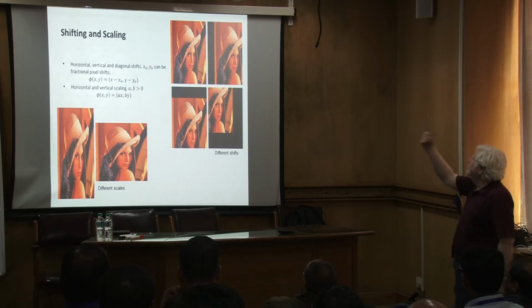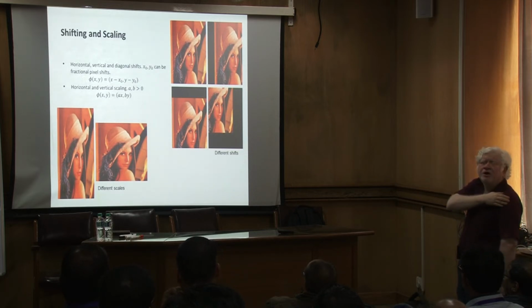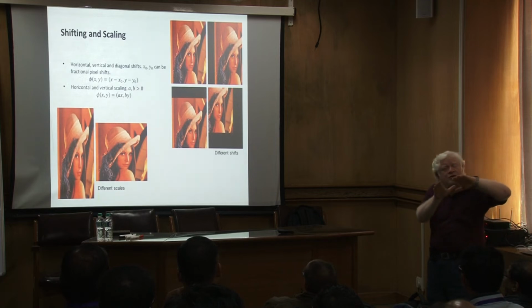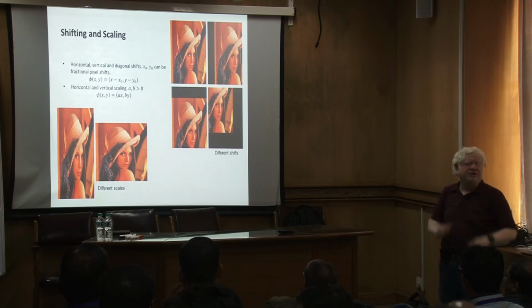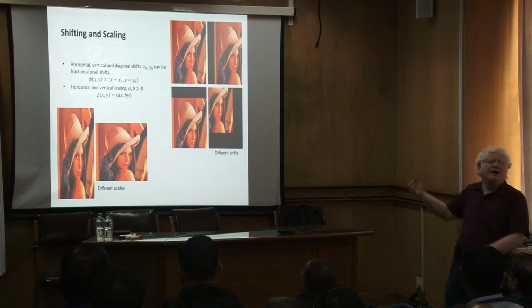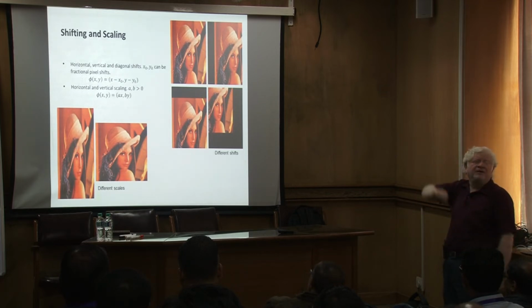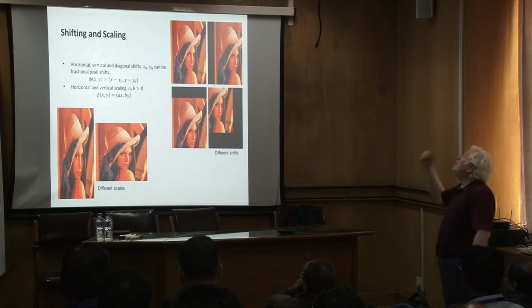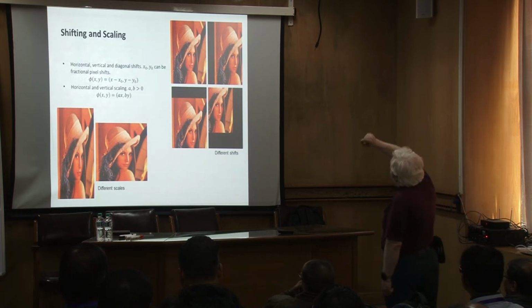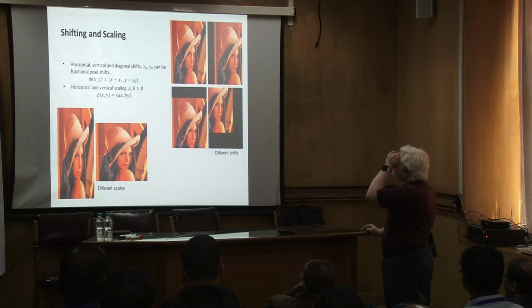If you look at Lena's face or Lena's shoulder, you can see a smooth, gradually varying change of shading. You can see whether some algorithms are giving rise to artifacts if that smoothness of the shoulder or the face gets disturbed. You can see edges like the edge of the hat. It is not a straight line, but it is an edge. There are also straight line edges in the image which you can use.